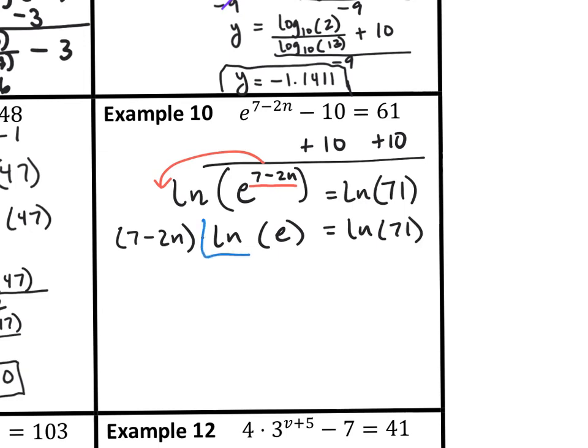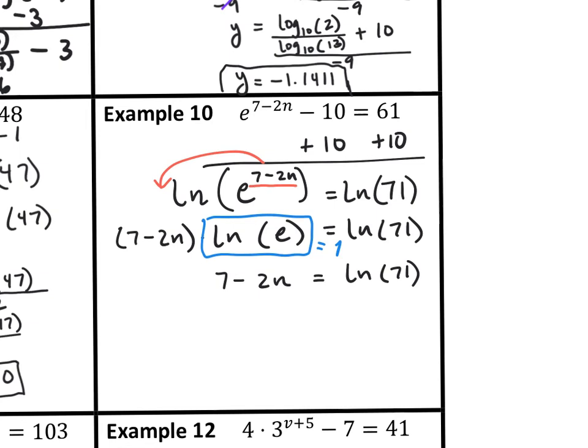Okay, and so what we're going to do is take this power and move it to the front. It's going to be 7 minus 2n times ln of e equals ln 71. Remember, ln of e equals 1. So that's going to leave me with 7 minus 2n times 1 is 7 minus 2n. And then bring down the ln of 71.